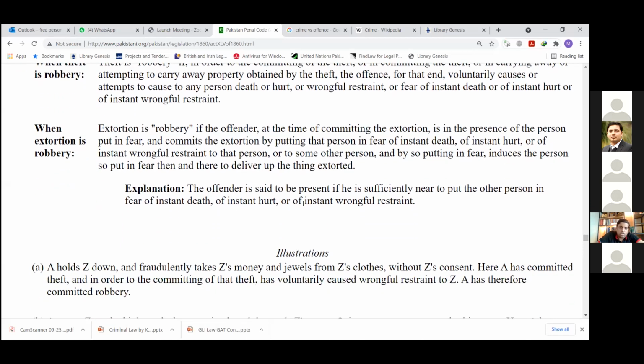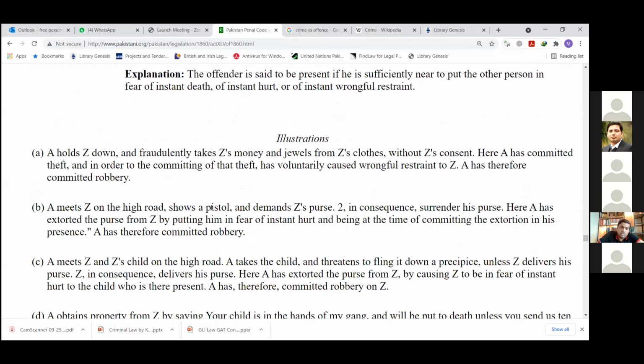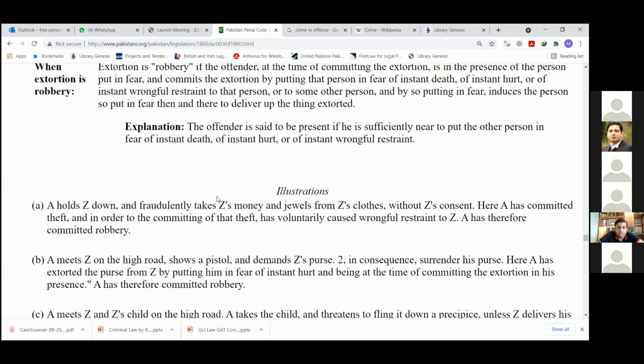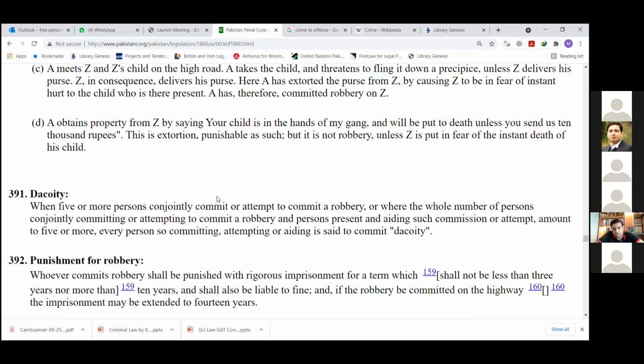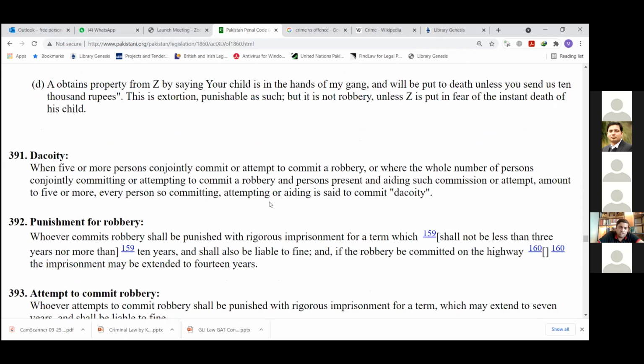So if death or hurt is committed during theft, it becomes robbery within the meaning of section 390. And robbery by 5 or more persons is dacoity. So the difference between robbery and dacoity is mainly the number of persons.